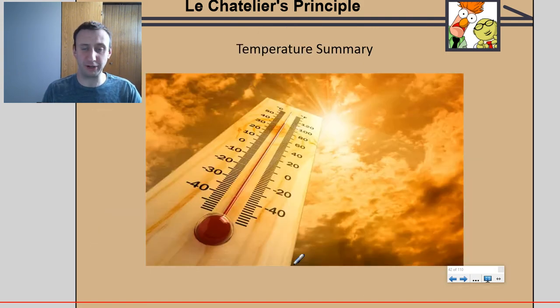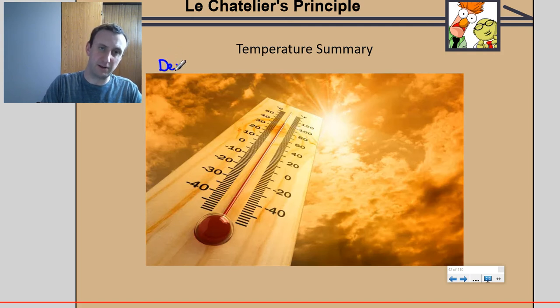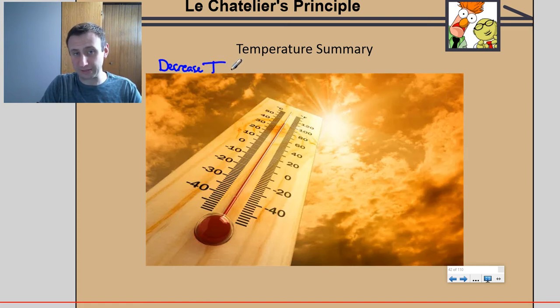So temperature summary, essentially, all you figure out is what is happening to energy, right? So if I decrease temperature, it's going to go in the direction that's going to bring temperature back up.